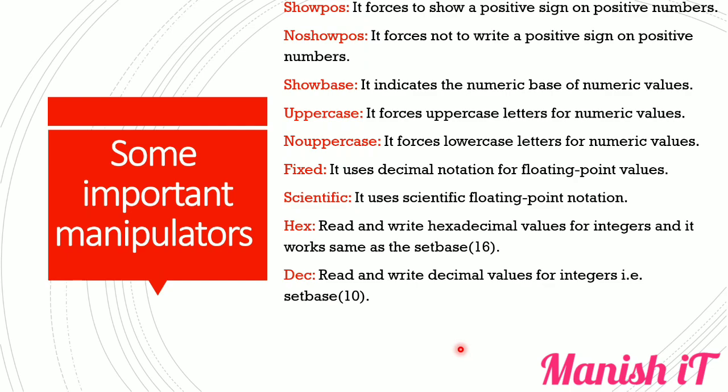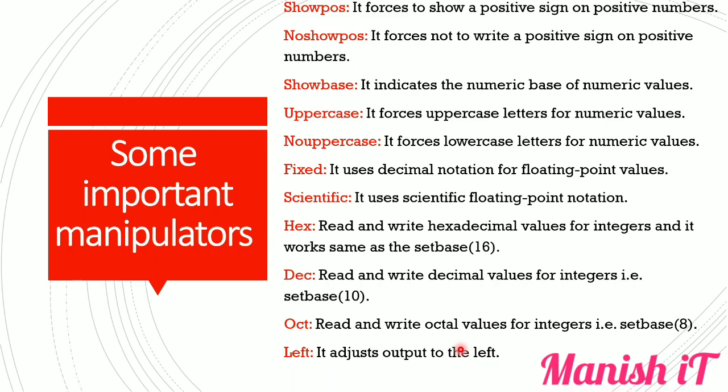It reads and writes decimal values for integers, that is setbase 10. Next, oct reads and writes octal values for integers, that is setbase 8. Left adjusts the output to the left side, and right adjusts the output to the right side.